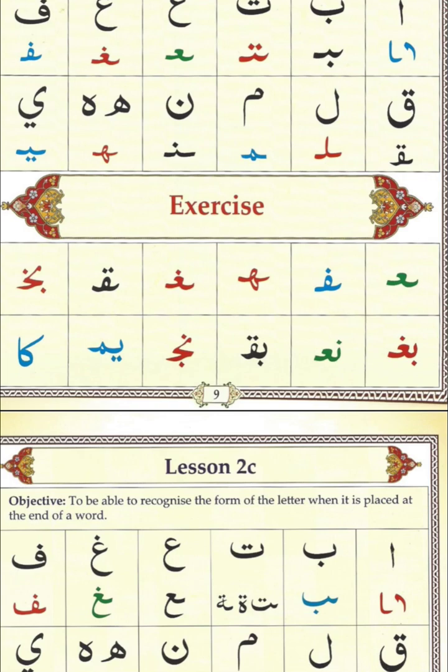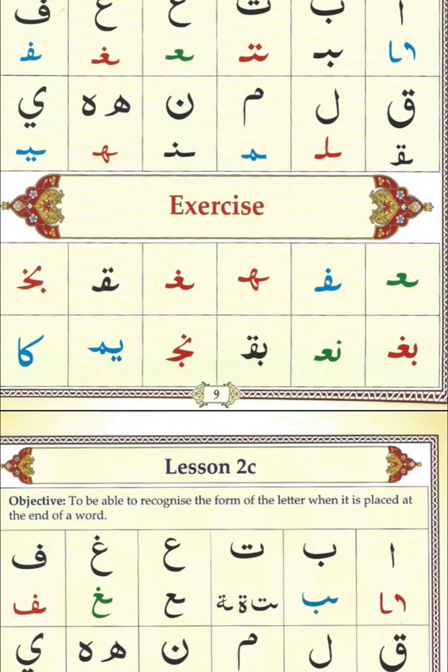Next line, next one is also two letters connected together. The first letter is ba here, ba. Second one, ghain. So it's ba ghain. And the next one, the first letter is noon here, and then ain, noon, ain.